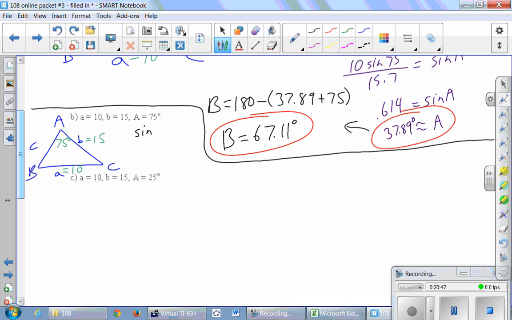Sine of A, 75, divided by little a, 10, is equal to sine of, okay, I don't know what angle to pick because I don't have any other angles, but I do have one other side, and that's side b, it's 15. So apparently that means that it's a capital B going upstairs. Remember, it's got to be the same letter upstairs and downstairs when you use the law of sines.